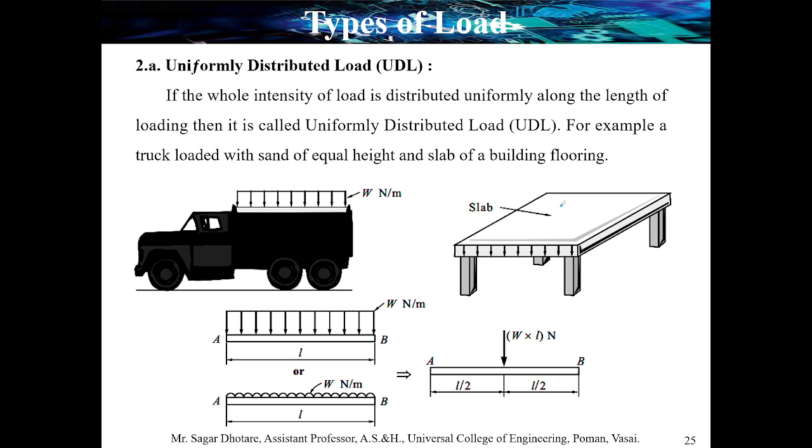In a simple example, a truck is loaded with some material. Whatever load is in that container is equally distributed among the total area, which is denoted by W newton per meter, and a uniform distributed load is drawn like this.